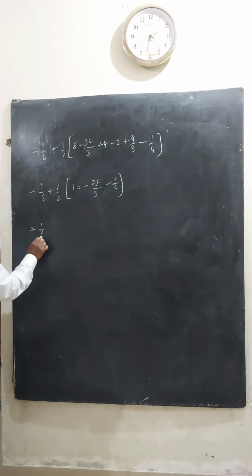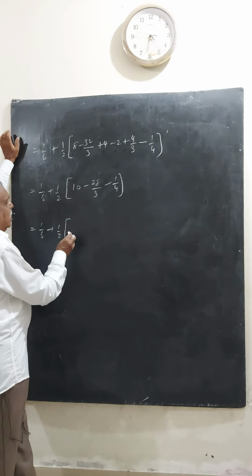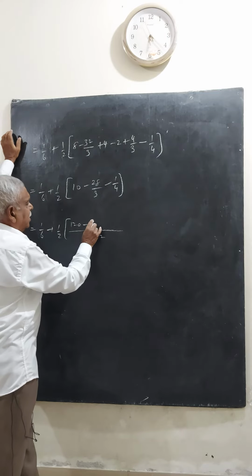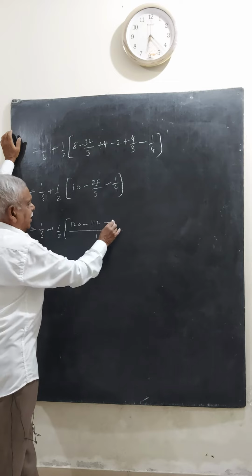Equal to 1 by 6 plus 1 by 2. LCM is 12. 12 into 10 is 120, minus 12 by 3 is 4, 4 into 28 is 112, minus 3.